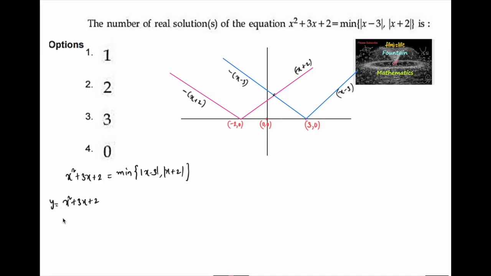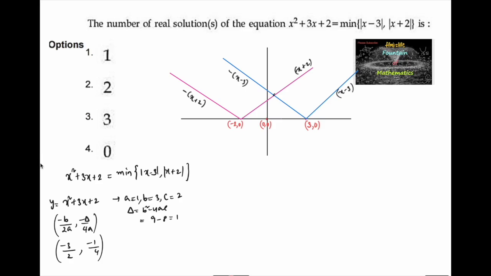The vertex of the parabola is minus b by 2a comma minus delta by 4a. So here a is equal to 1, b is equal to 3, and c is equal to 2, and delta is equal to b square minus 4ac, that is 9 minus 8, which is equal to 1. So I can write minus 3 by 2 comma minus 1 by 4.